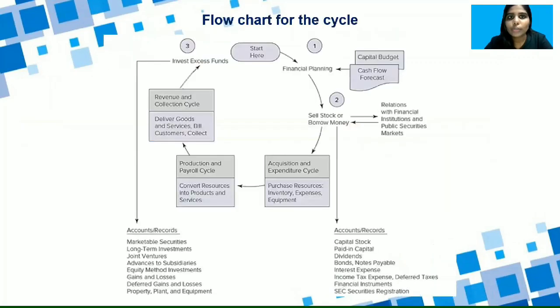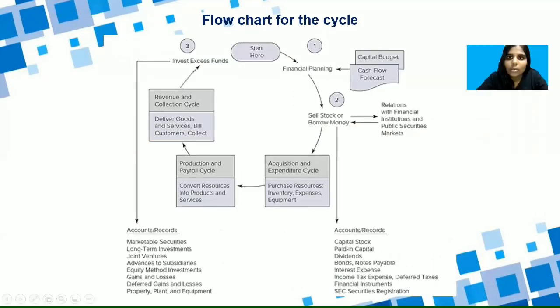Moving forward to the flow chart for the cycle. First, it starts with financial planning, where the company prepares financial planning by preparing the capital budget and cash flow forecast. Then the company will decide whether it wants to sell stock or borrow money.